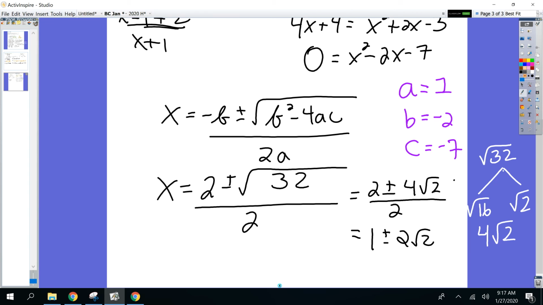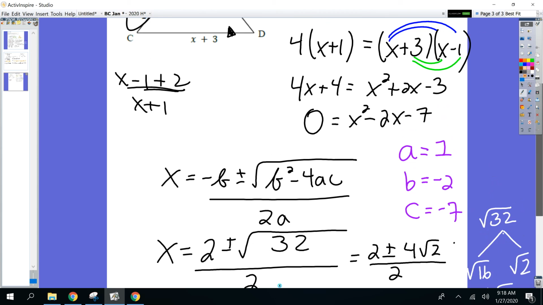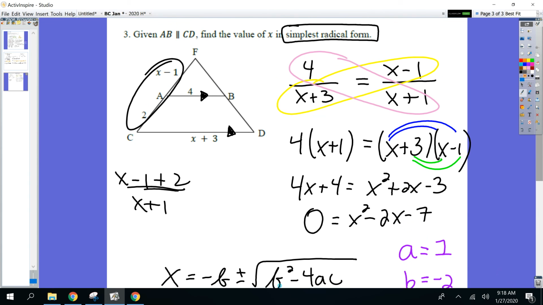Not my answer. Everyone still got your calculator fired up? Now look, these are two answers: 1 plus 2 radical 2 and 1 minus 2 radical 2. In your calculator, can you do 1 minus 2 radical 2? One of the supposed solutions. Take that number right now and plug it in for the side length. What's the issue?